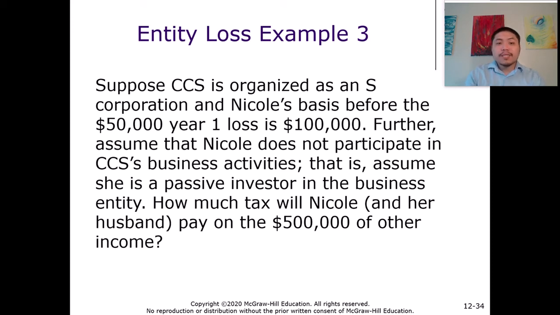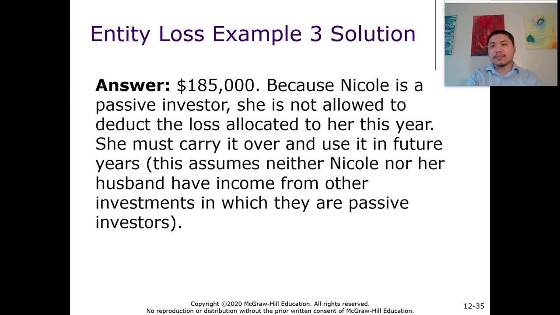Now she's a passive investor, meaning she didn't pass the passive activity test. So that means she cannot deduct the loss against her personal income.